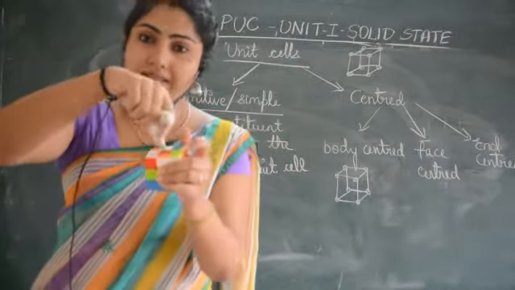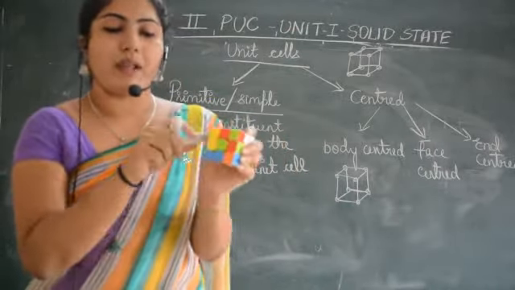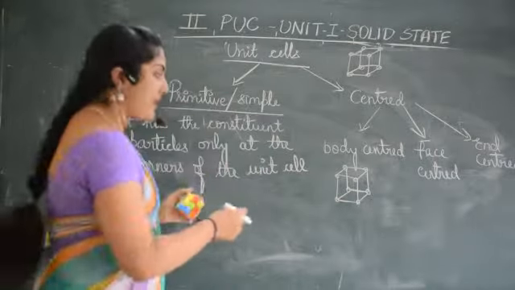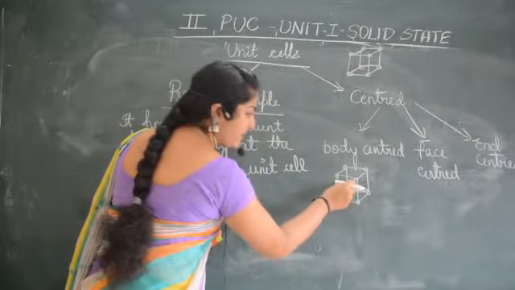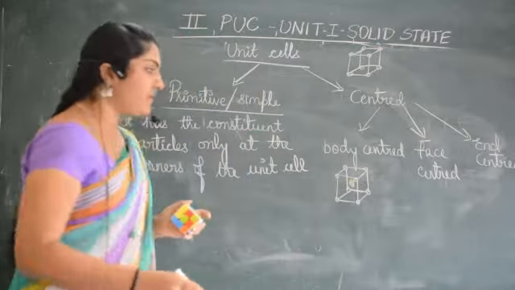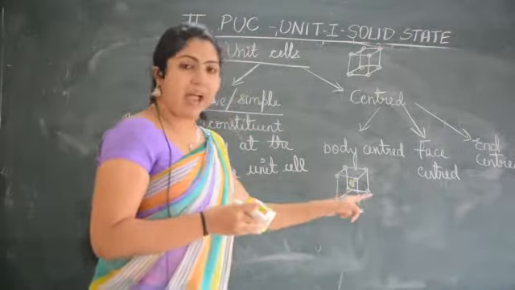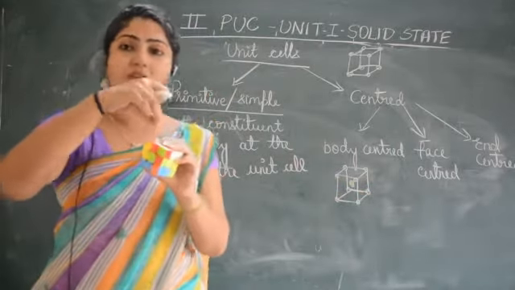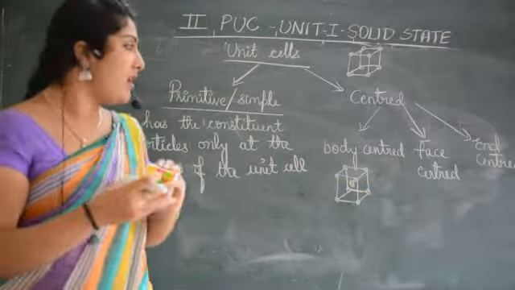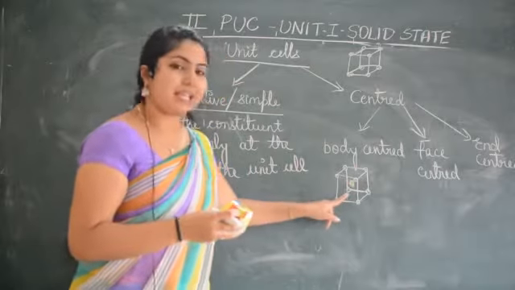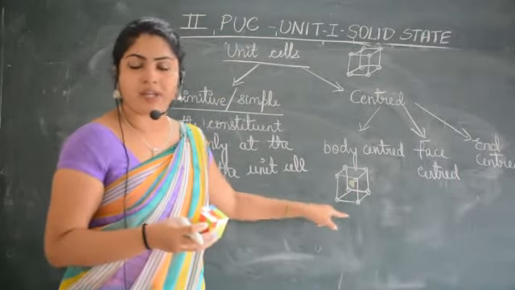Inside this space, one atom will be present, like this, inside. So along with the corner atoms, if an atom is present at the center of the body of the unit cell, you call such a unit cell a body centered unit cell.